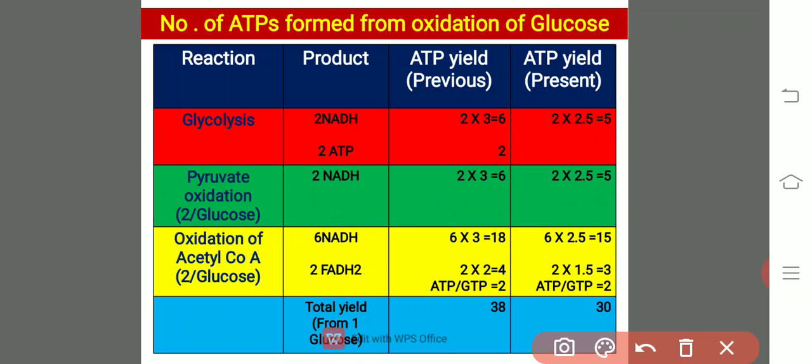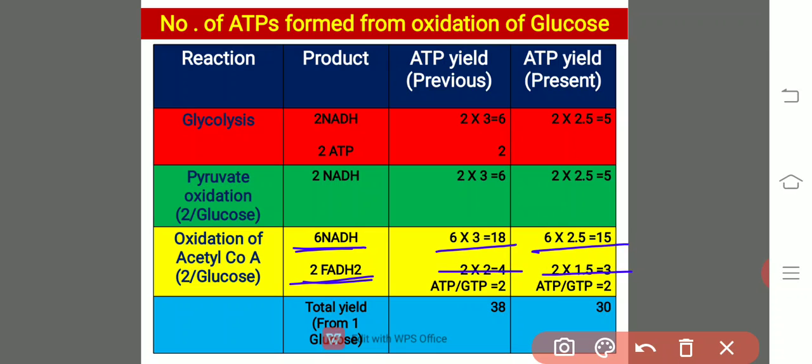If you come to the oxidation of acetyl coenzyme A, for each glucose molecule, 6 NADH and 2 FADH2 are produced in the Krebs cycle. 6 into 3 is 18, but it becomes 15, 6 into 2.5 is 15. 2 FADH2 is equal to 4, but here it is 3. 1 GTP gets converted to 1 ATP, so a total of 2 GTP is equal to 2 ATPs.